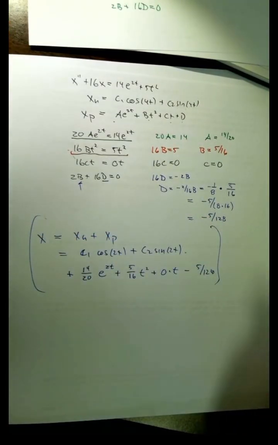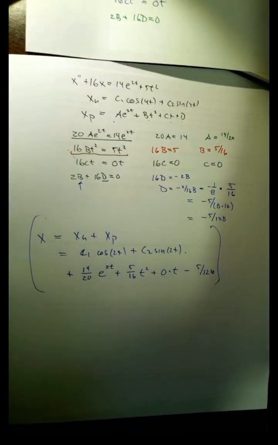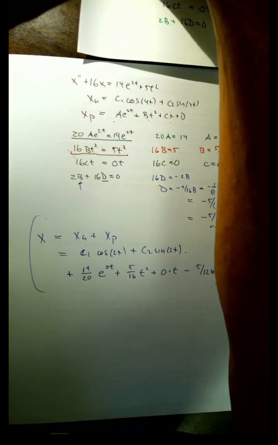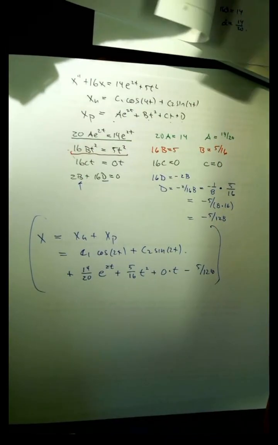Okay. And I could go through and check it, plug it back into the equation, and see what happens. But because of interest and time, I'm not going to do that. It's important to note that was a really long and tedious process.